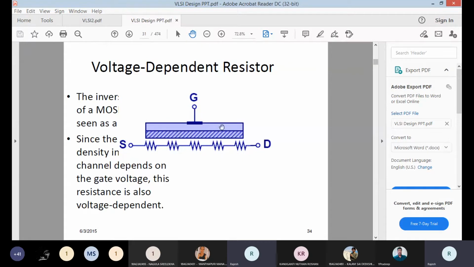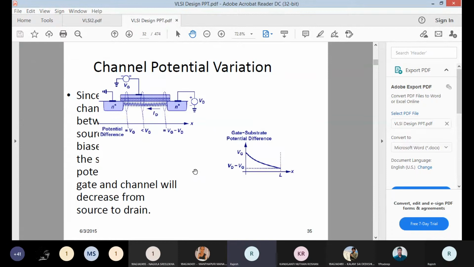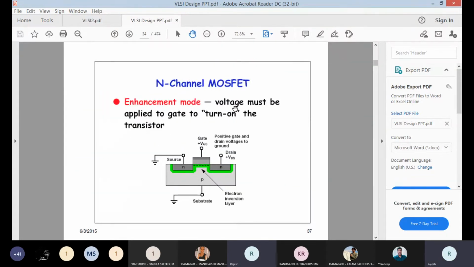So this is the linear region representation. The gate to source voltage, when you apply it, acts like a voltage dependent resistor, because the channel depends on the gate voltage. So it is like a voltage dependent resistor. The voltage applied to the gate will turn on the transistor. This green color is the depletion region.